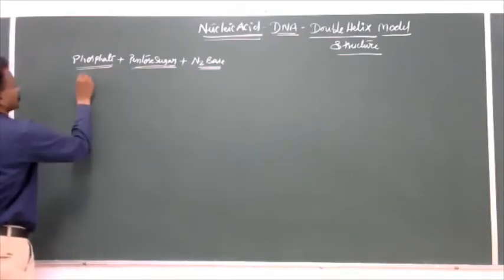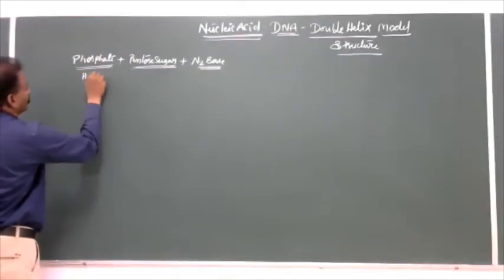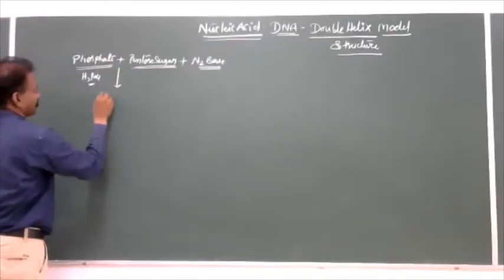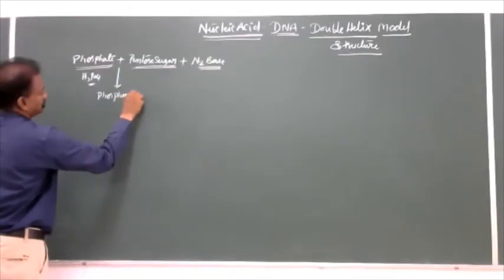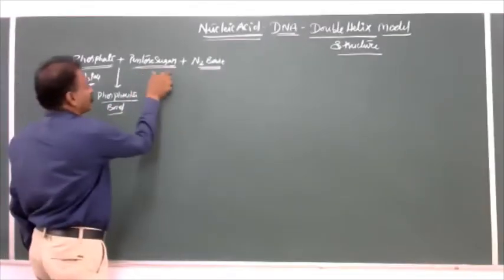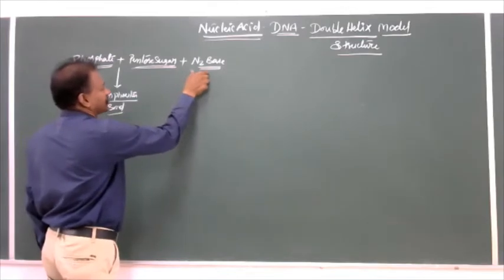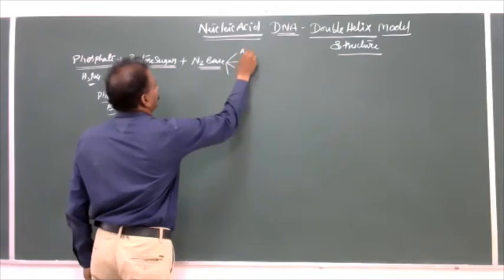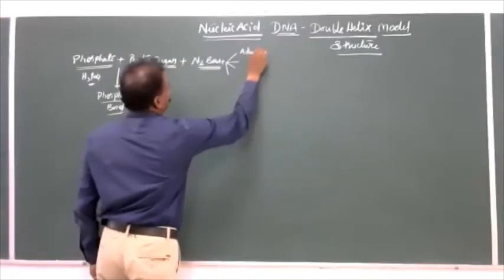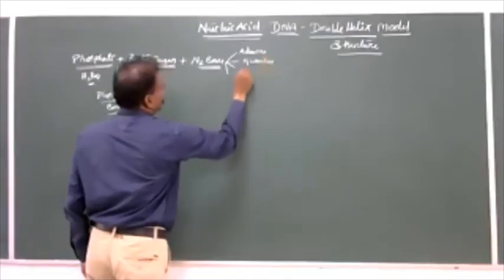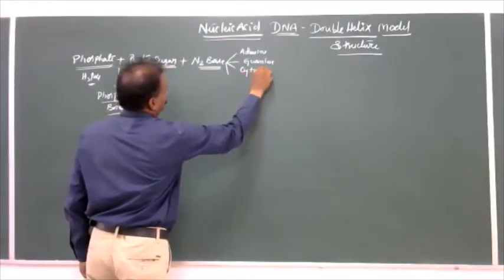Here the phosphate group is phosphoric acid, H3PO4. It is attached to the pentose sugar with the help of a phosphoester bond. A pentose sugar is attached to an N2 base. In this N2 base, four options are there: adenine, guanine, cytosine.